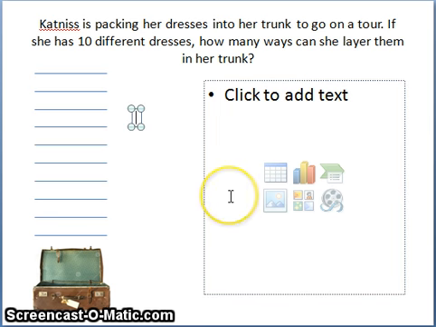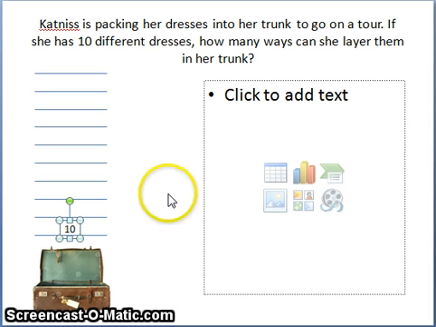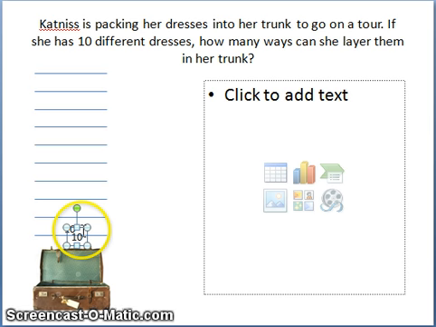Okay, so look, for the first thing that she's going to put into the trunk, she has 10 choices, because she has 10 dresses. The first dress she puts in, she gets to choose from all 10 dresses. Remember we talked in the last lesson about how many choices you have to make?